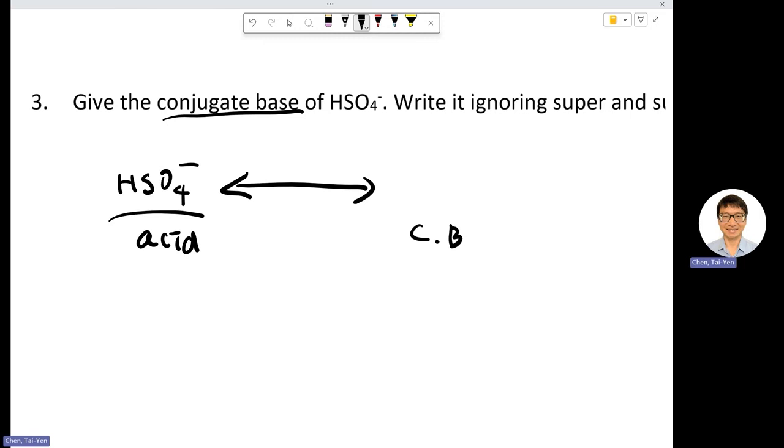We know the difference between the acid and base is that the acid has one more proton. So to get the conjugate base, all you need to do is remove a proton from the original species. Once you do that, you should see that its conjugate base is SO4 2 minus. So that's another conceptual or definition question.